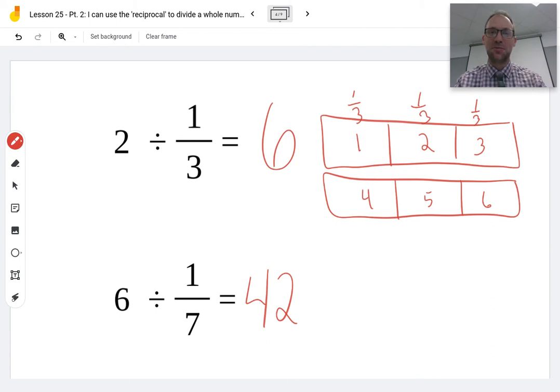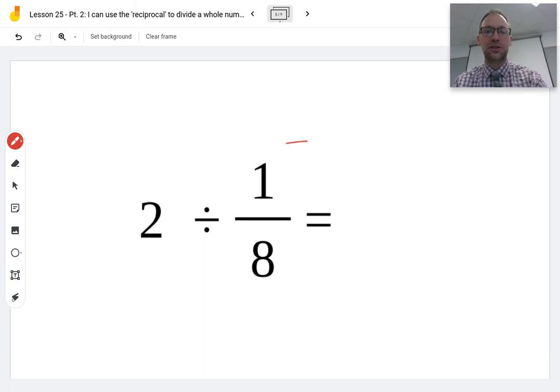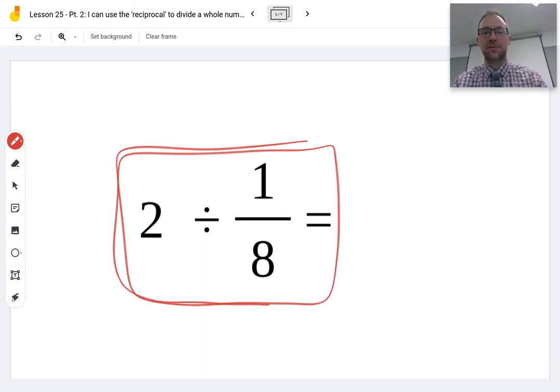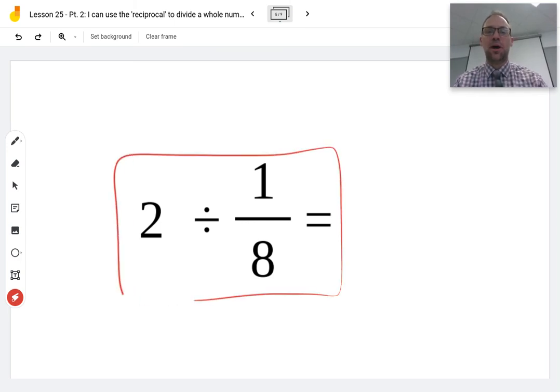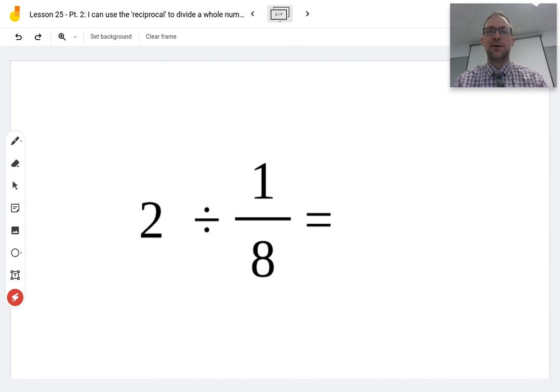You want to try some more and keep practicing? Let's do it. Here we have a problem, 2 divided by 1/8. What is the quotient to this problem?